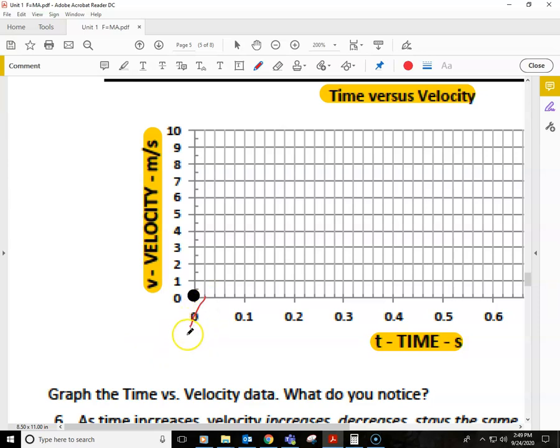This one, 0.02, 0.02. This one, we're going to count by 2's, 0.04.